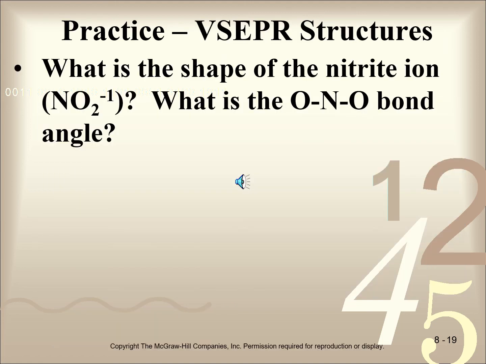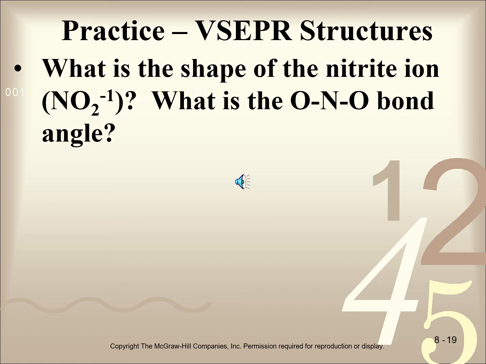What is the shape of the nitrite ion? They're throwing you a little bit of a curveball. When you draw your Lewis structure for your nitrite ion, one thing that you're going to have to keep in mind and watch out for is that because you have a negative charge there, that means you have 1 extra valence electron.